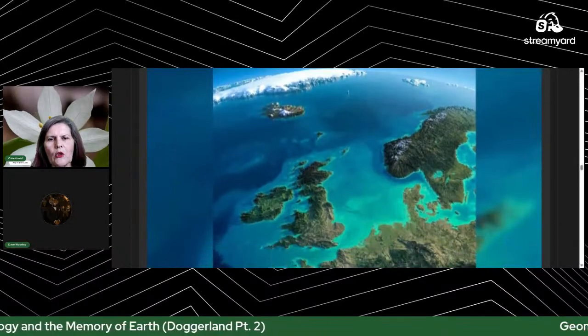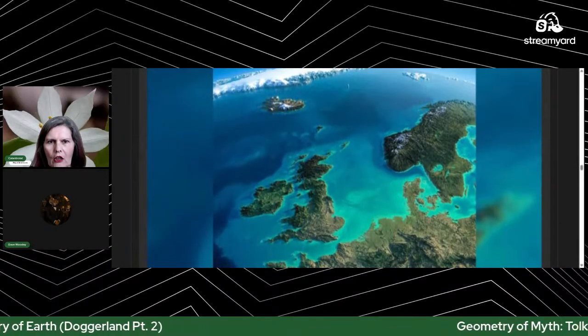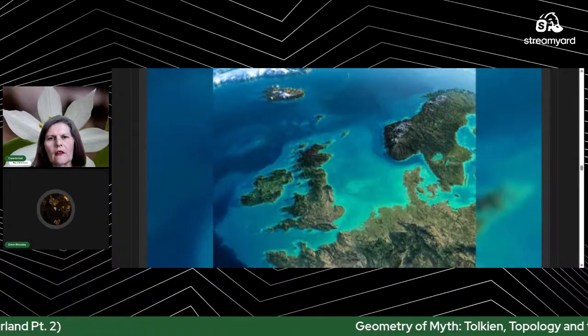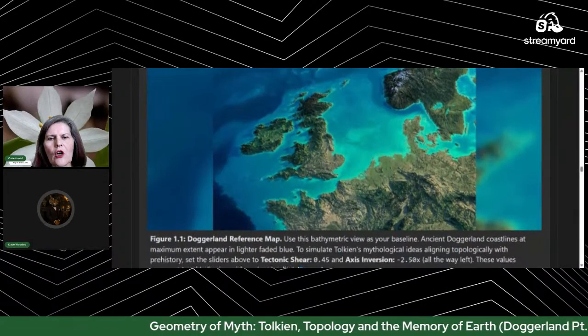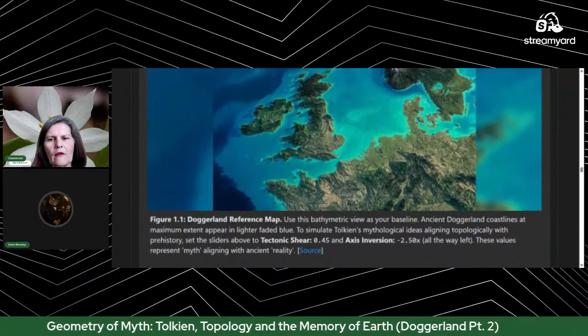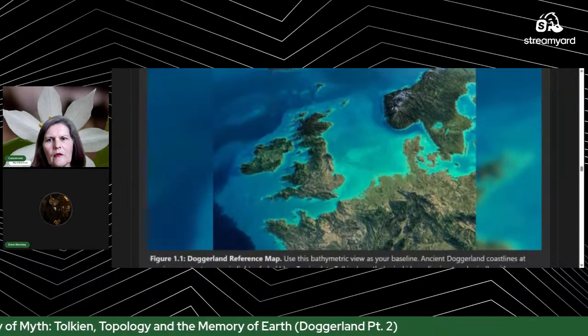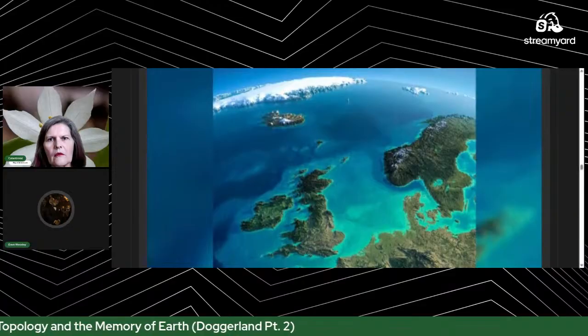This is a different mapping. This is a Doggerland reference map. You'll see the sliders up there.